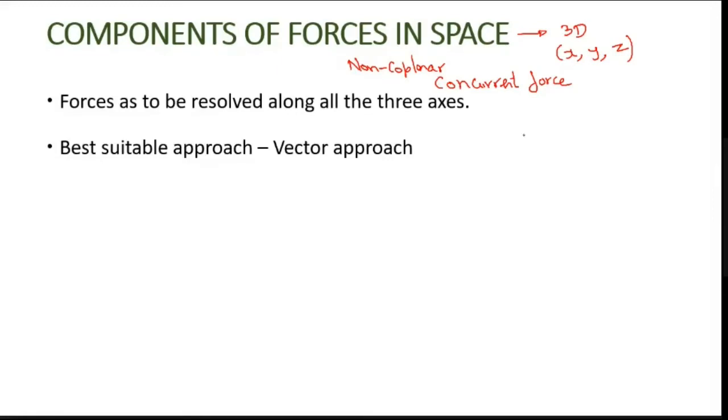So whenever I say it is a vector, I'll be telling it in terms of i vector, j vector, and k vector. So your components will be in terms of i, j, and k. This i indicates your x-axis, j indicates your y-axis, and k indicates your z-axis.